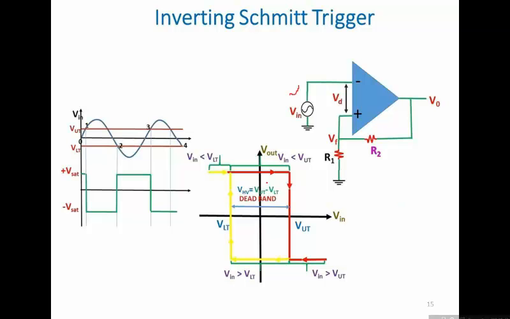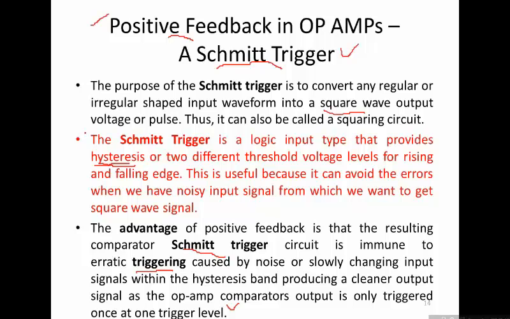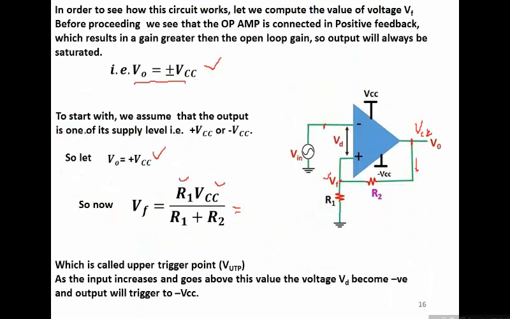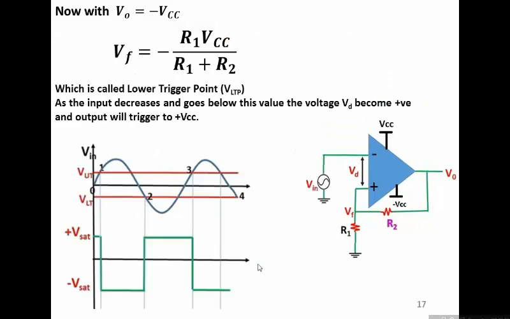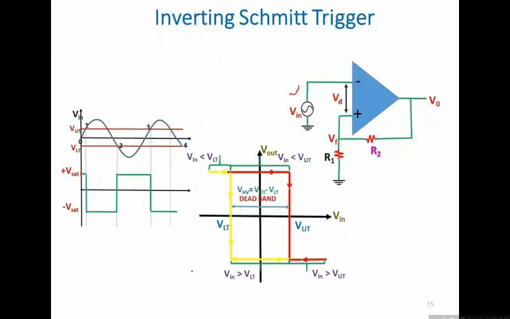As you can see, if I am assuming that Vout is plus VCC, then if the input is increased and crosses this level, which we have defined here as VF, and this VF is called the upper trigger point or UTP, which we have indicated in the slide as VUTP or VUT, upper trigger.